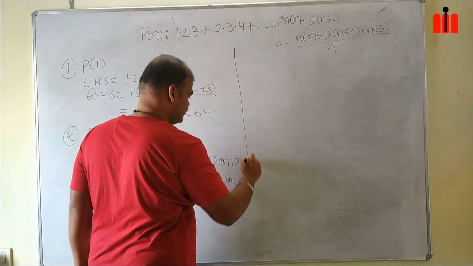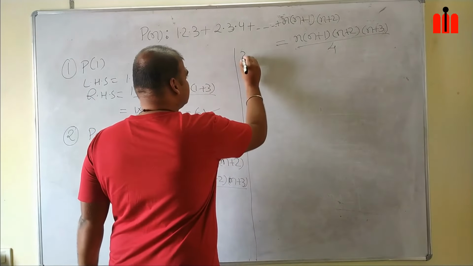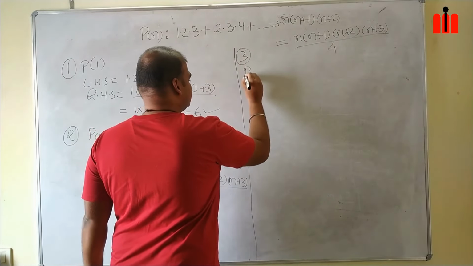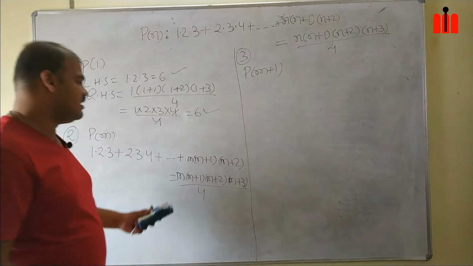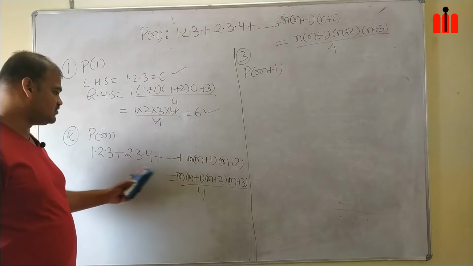Now let's go to our third step, which is the induction step. This is our PM plus 1. So in my PM plus 1, I will have M plus 1 terms.